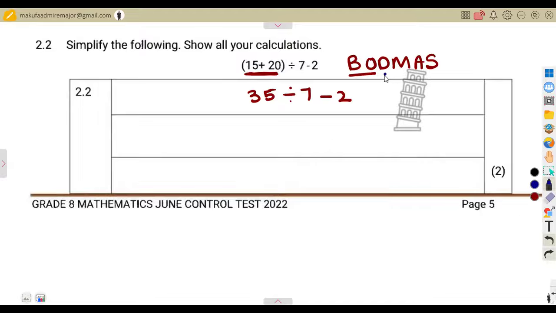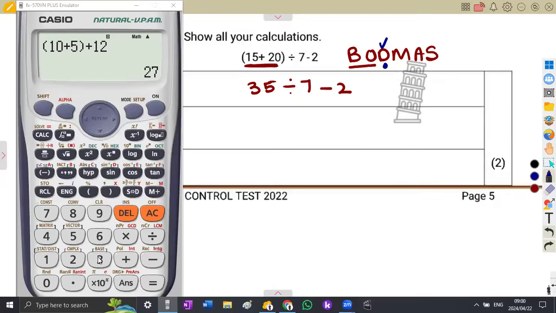Then we move on. Is there a division? Yes, there is a division. These two numbers here, they are dividing. So it's 35 divided by 7. Just use your calculator. If you've forgotten your multiples, just divide 35 by 7. What are you going to have? That's 5.